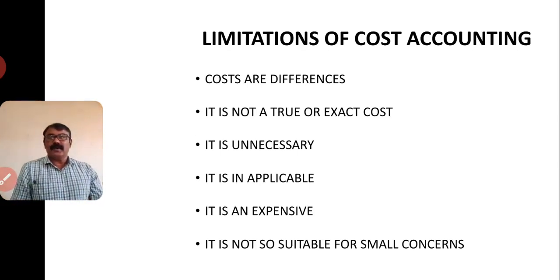But here we have to set up a separate unit, with so many workers and employees for the purpose of cost accounting. So it is more expensive for the organization. Financial accounting is already applied, and along with it we apply cost accounting, which means a burden for the organization.